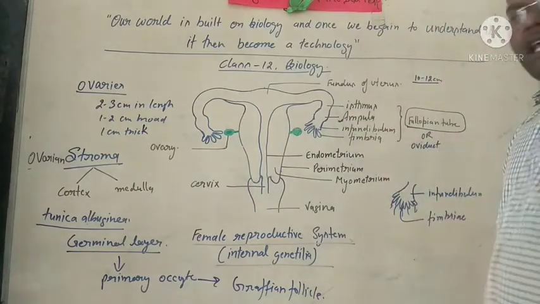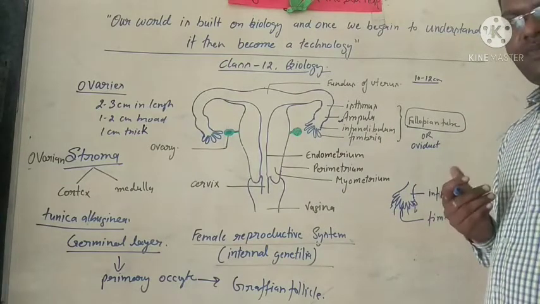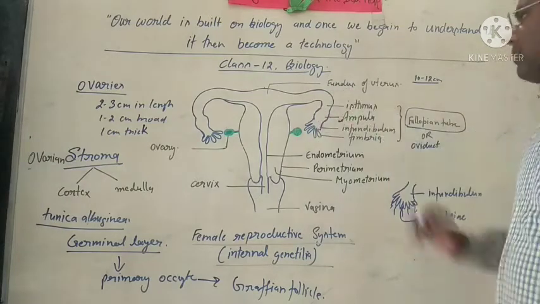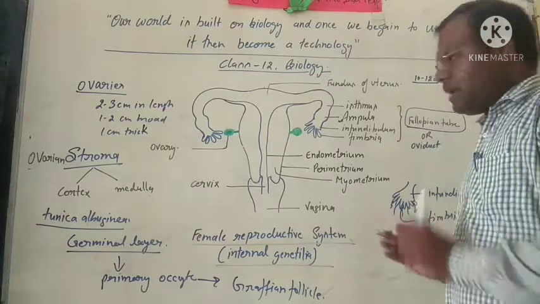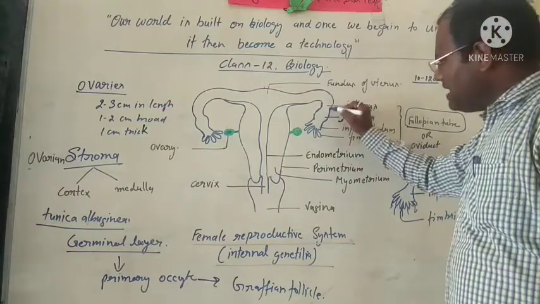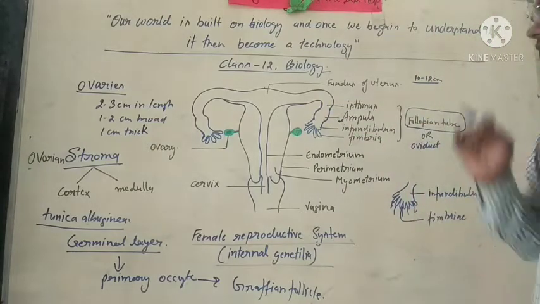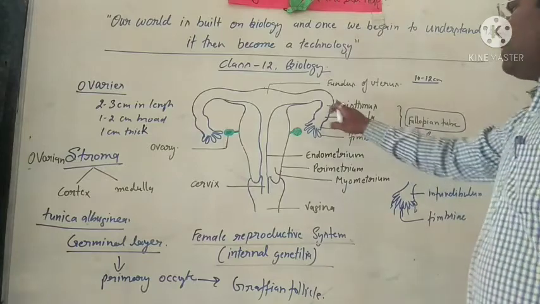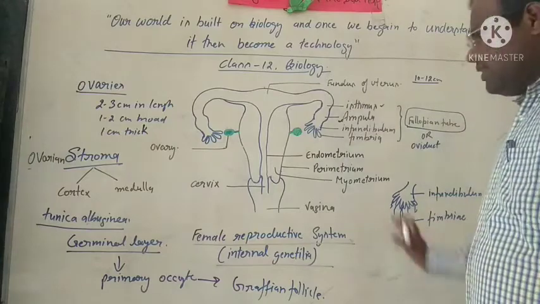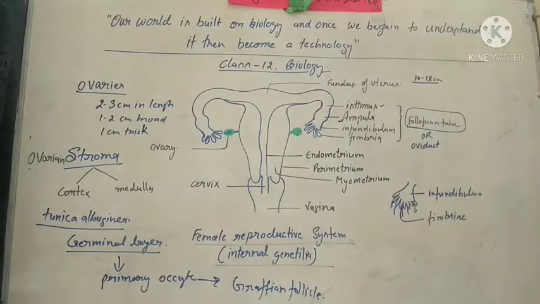The ampulla is the place where fertilization occurs. Next, the narrower part of the fallopian tube, located just behind the ampulla, is called the isthmus. Clear here? So the fallopian tube is clear.